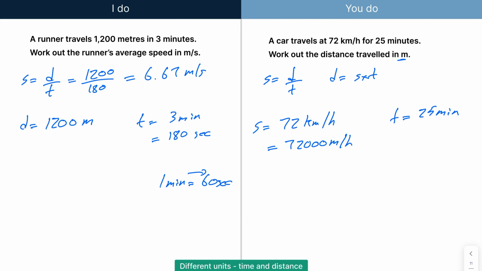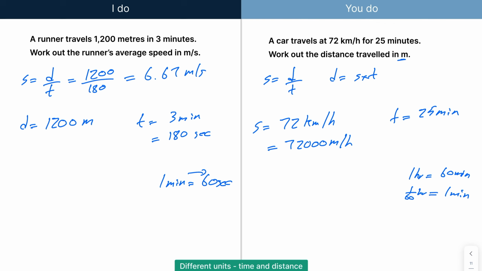So I know that 1 hour has 60 minutes. So if I go down to 1 minute, I know that 1 minute has 1 over 60 hours. So we're just going to times that by 1 over 60, we'll just divide it by 60 essentially.